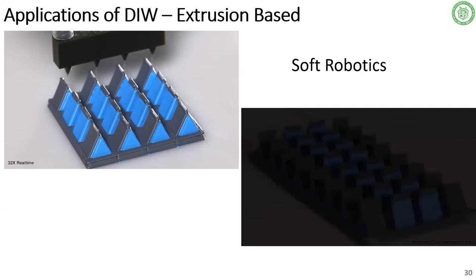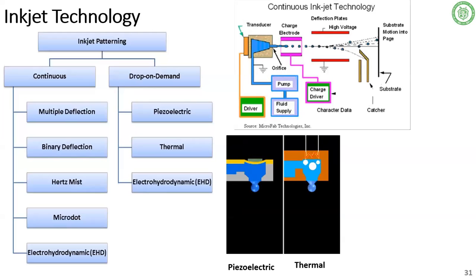Another technology that we have is inkjet printing. As I discussed, inkjet printing can be divided into two types: continuous or drop on demand. For example, in continuous, you have a continuous ejection of liquid, and with an electric charge you break it into droplets.